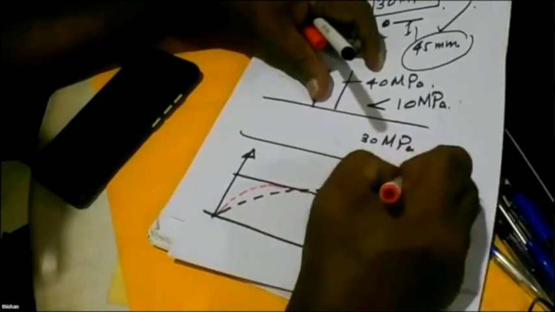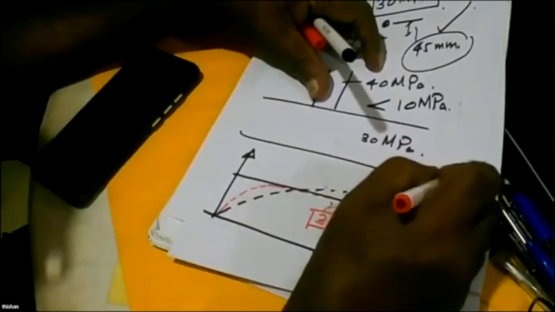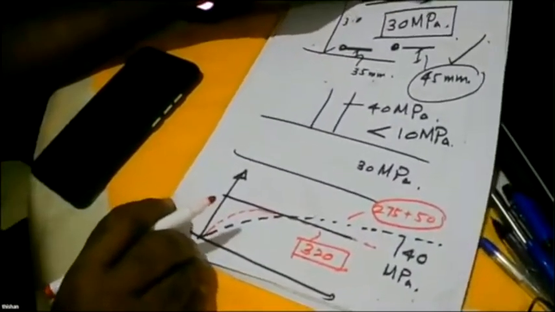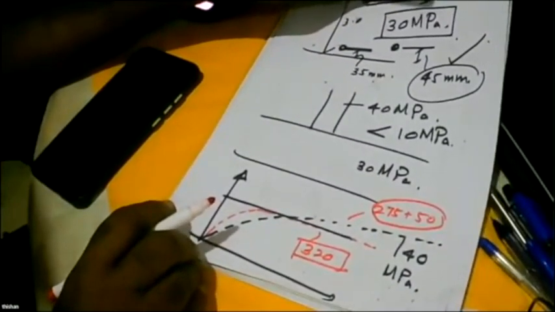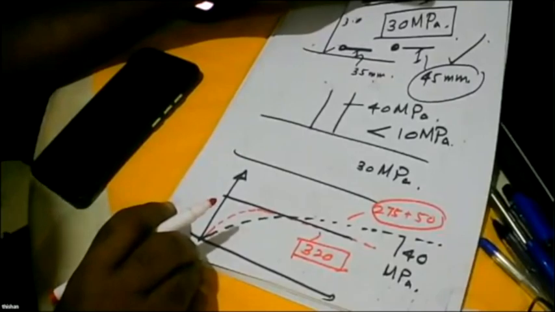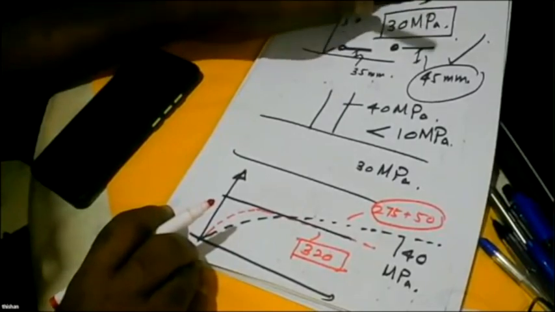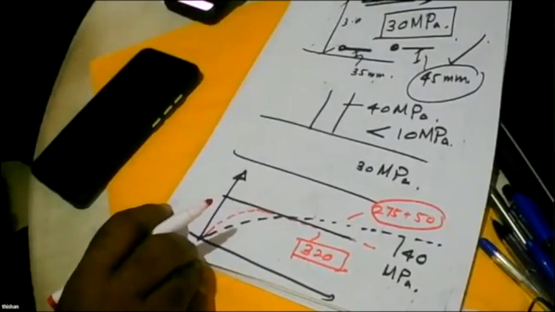This is 275 plus 50 concrete. Which one is better? The 15% fly ash based concrete is far better than Portland cement concrete. Is that clear? Is that clear?